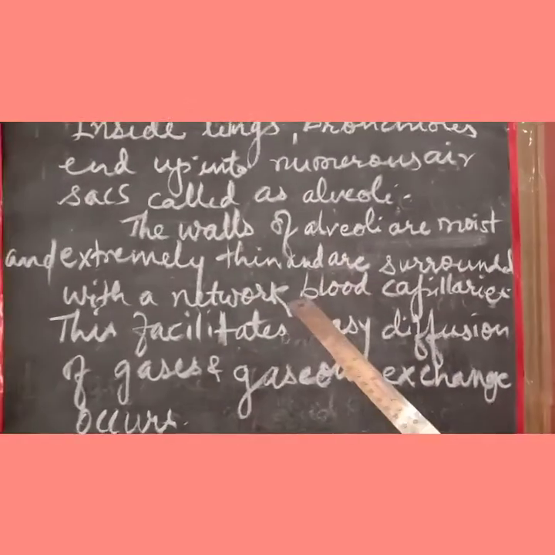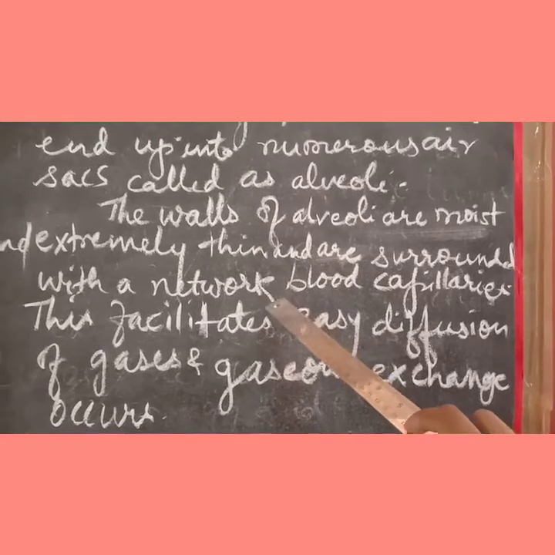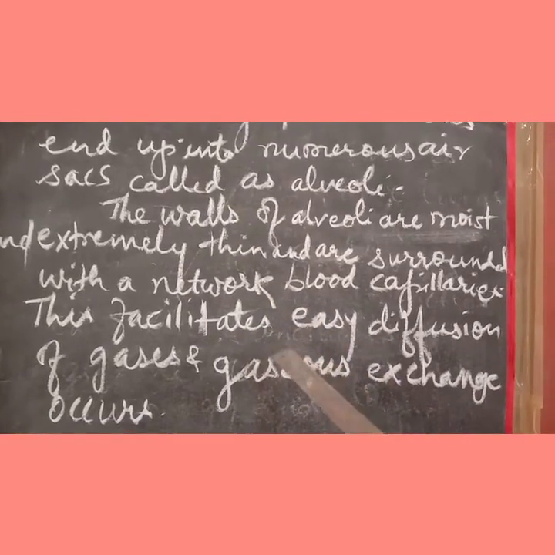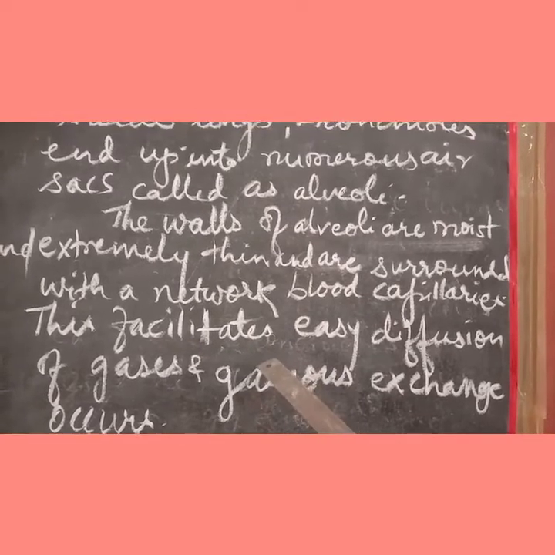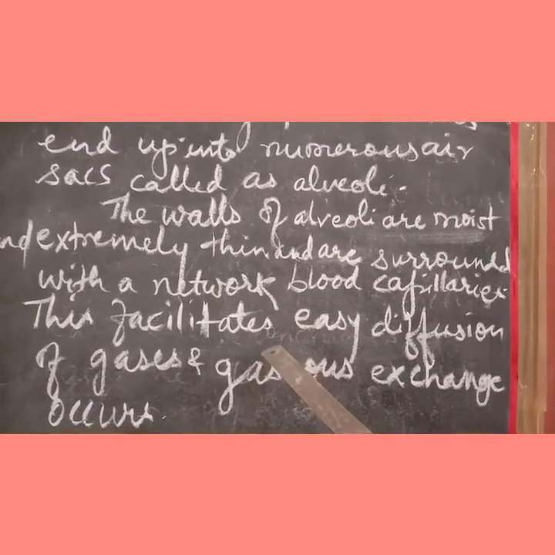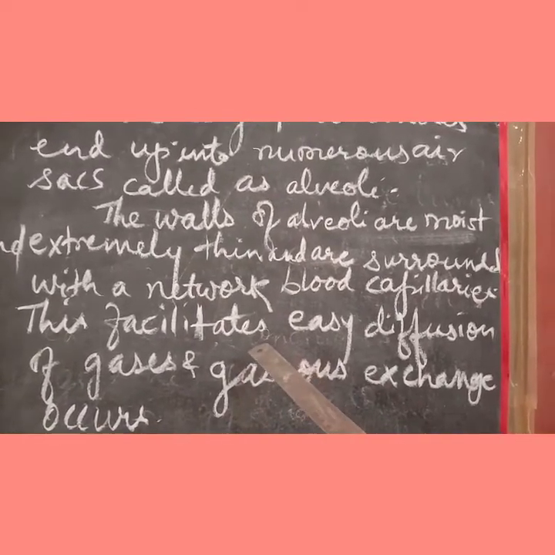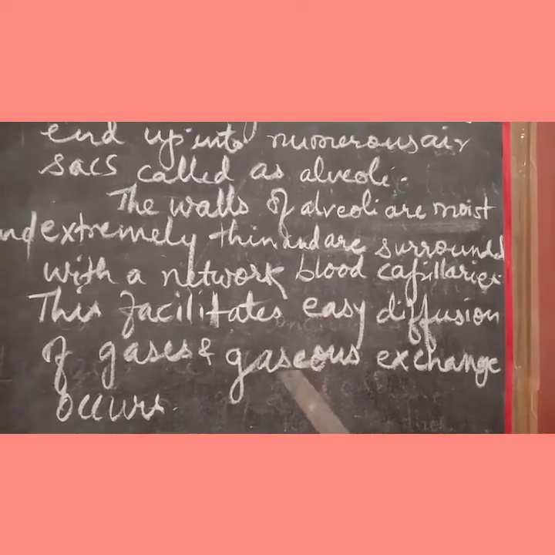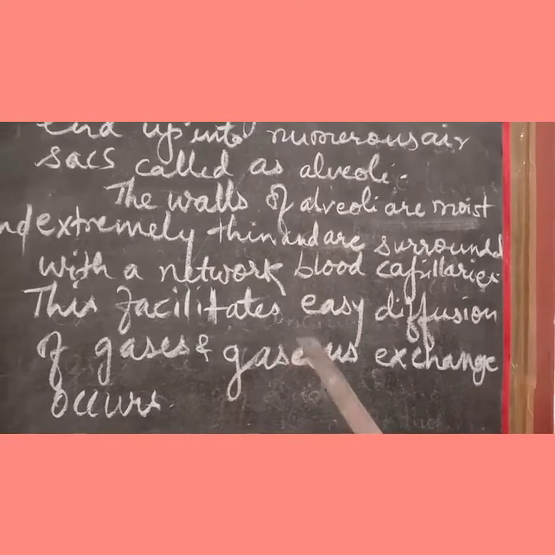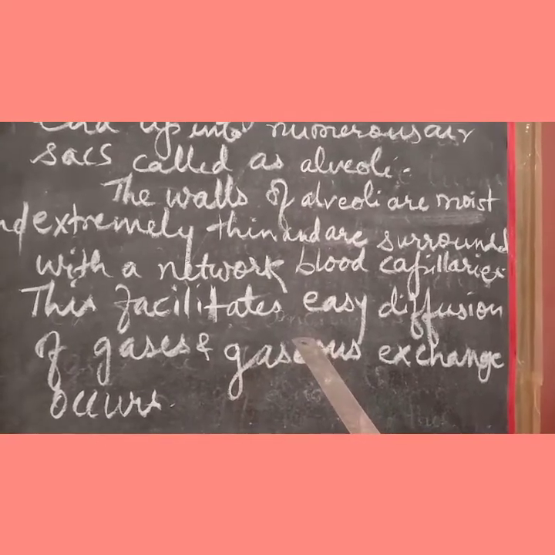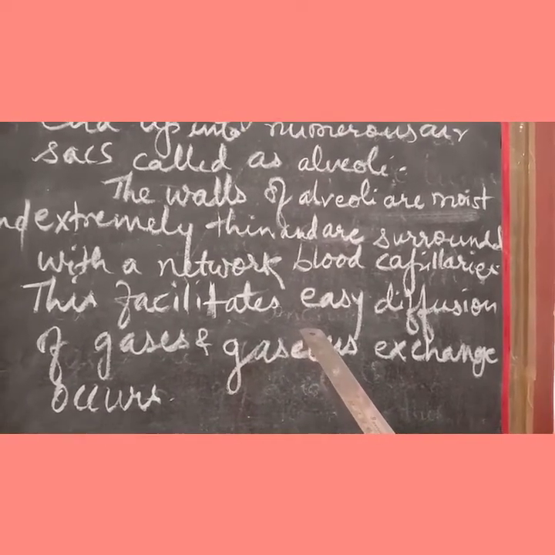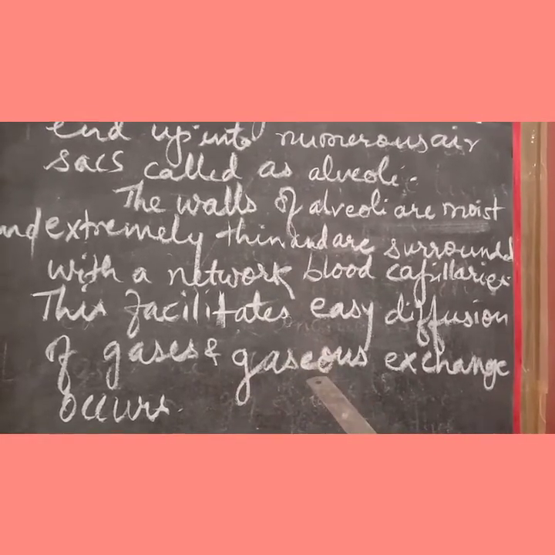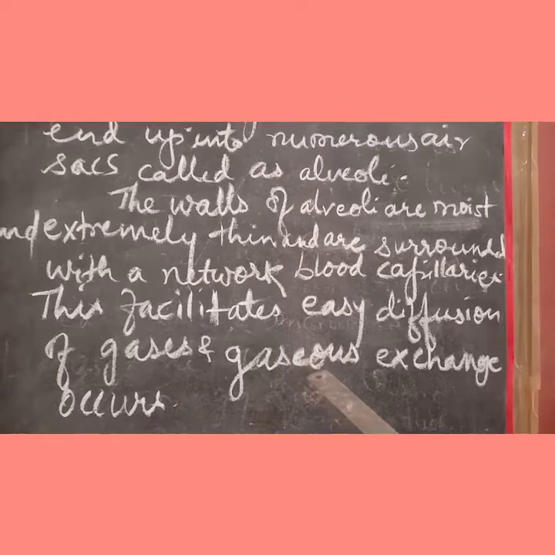Here you must understand that the oxygen which gets diffused into the blood from the alveoli is carried by the hemoglobin present in the blood to the various body cells, where oxidation of food occurs. We all know that for oxidation, oxygen is very much essential. After oxidation of food, carbon dioxide is released.